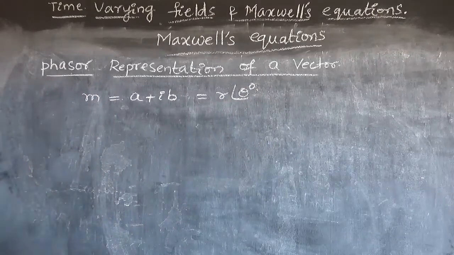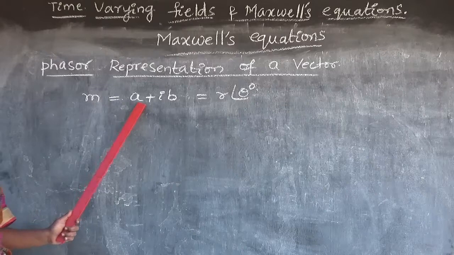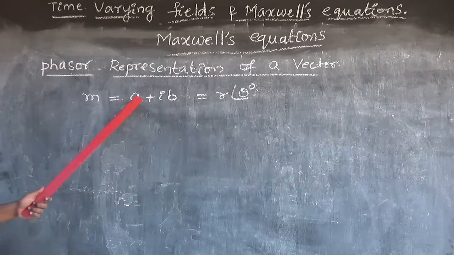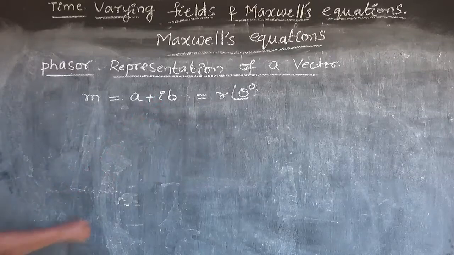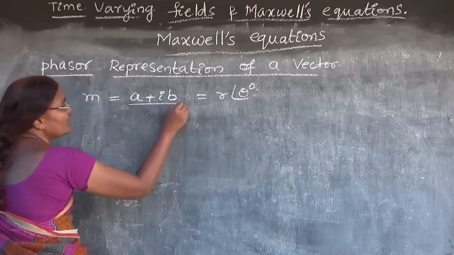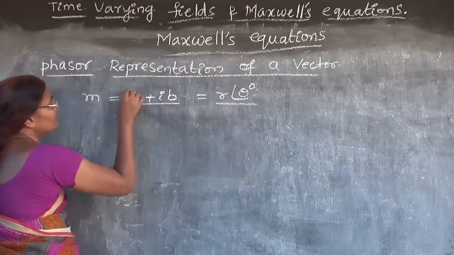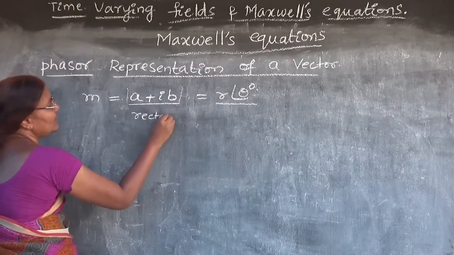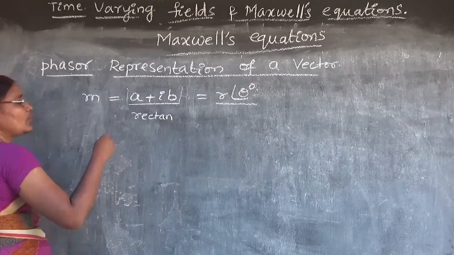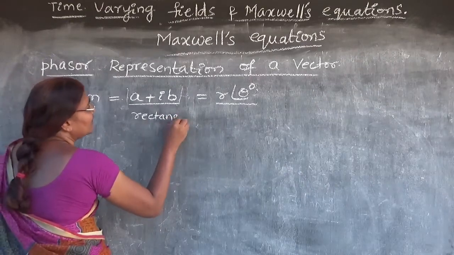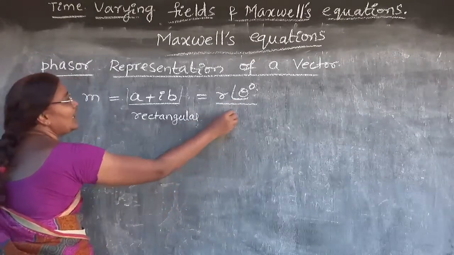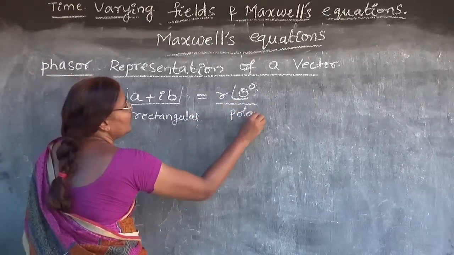So any complex number can be represented with this form or with this form. This form is called rectangular form, as you already know from doing problems, and this is called polar form.